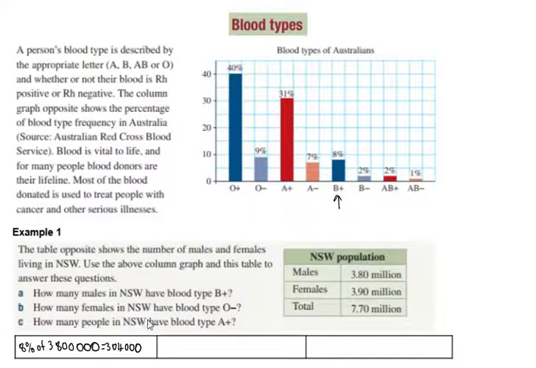Okay, next question. How many females in New South Wales have a blood type of O negative? Well, O negative is here, so we're expecting 9% of the female population to have O negative blood. So we write down 3.9 million like this, and then times it by 9%.